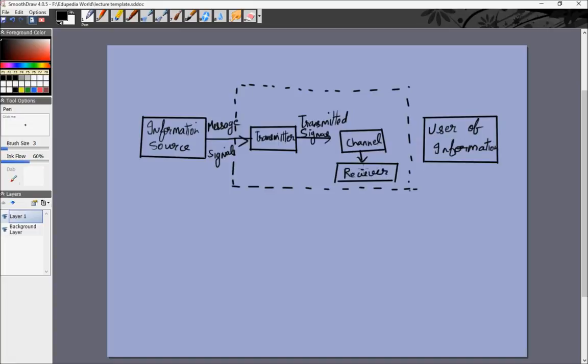And the thing that the channel sends to the receiver is called the received signal. And finally, the receiver sends the message signal to the user of the information.